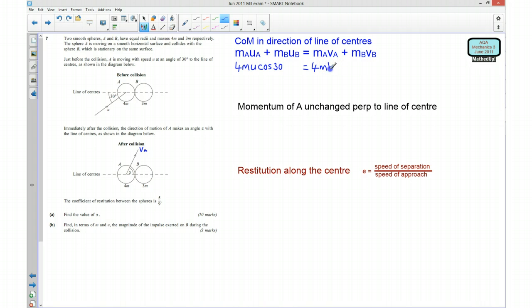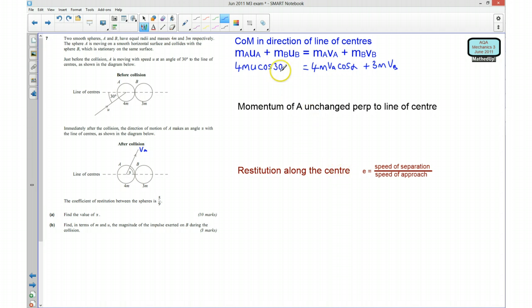So that's VA times cos alpha. Okay, and then we've also got the momentum of B. Well, that's the mass of B, which is 3m, times, and B is going to move off in this direction here, so that's just going to be VB. Okay, and that's because it's moving along the line of centres itself.